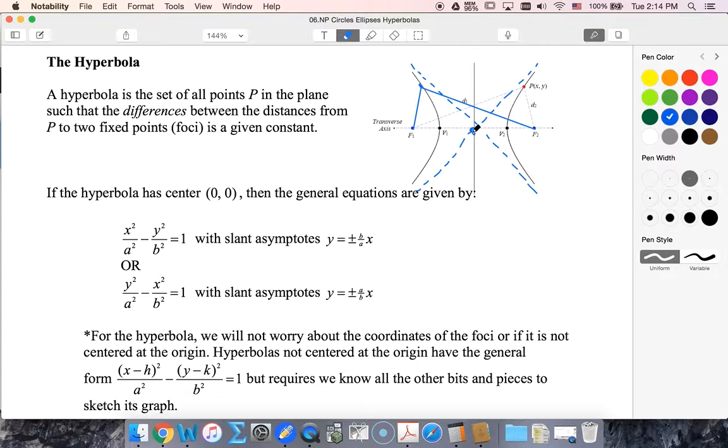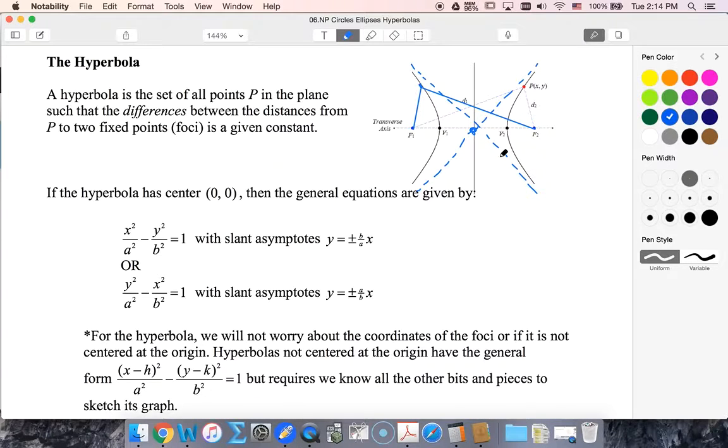But if I tried to find where x is 0, then I would have negative y squared over b squared is equal to a positive 1. That would never be true, because take a number and square it, you get a positive. So negative of this quantity could never equal positive 1.